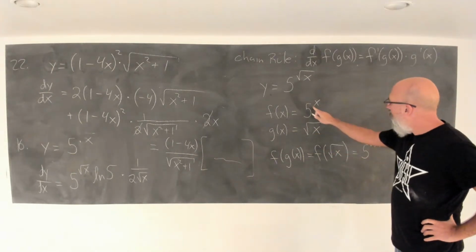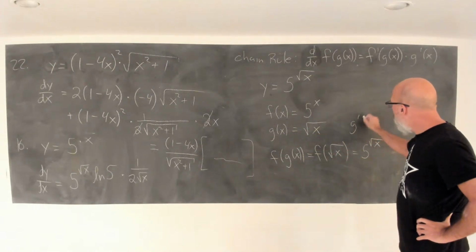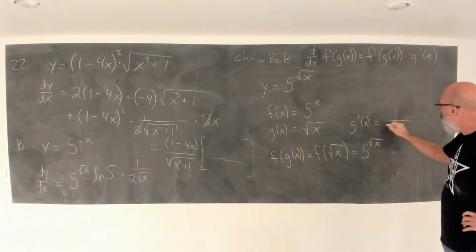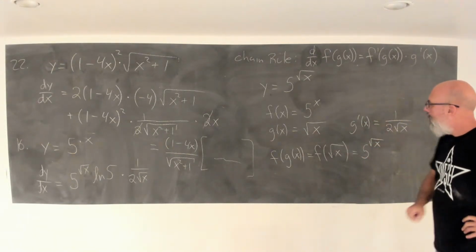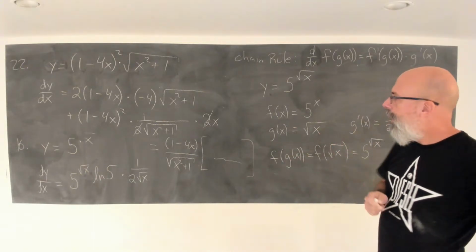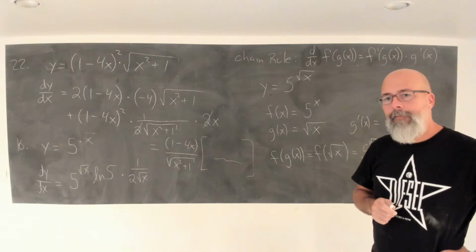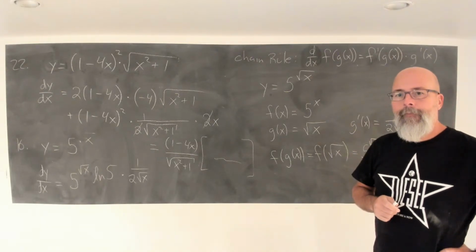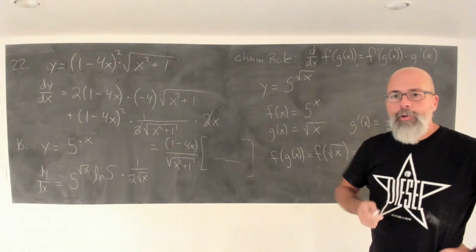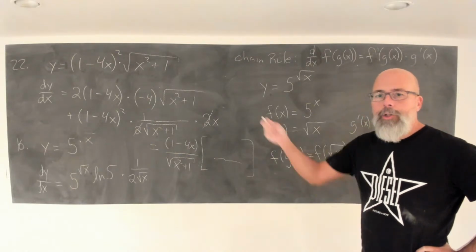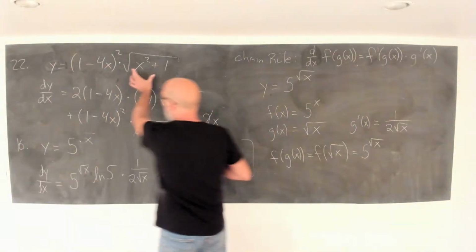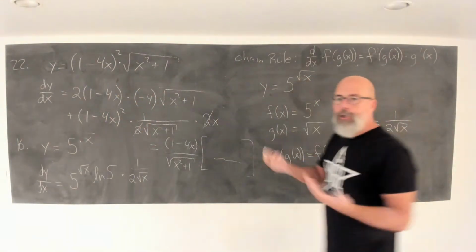And if f is this and g is that, what is g prime? You know what g prime is, right? It's 1 over 2 root x. Right, this is x to the 1/2. So the derivative is 1/2 x to the negative 1/2. Absolutely. And in 22, when differentiating each of these parts in the product rule, the chain rule kicked in.